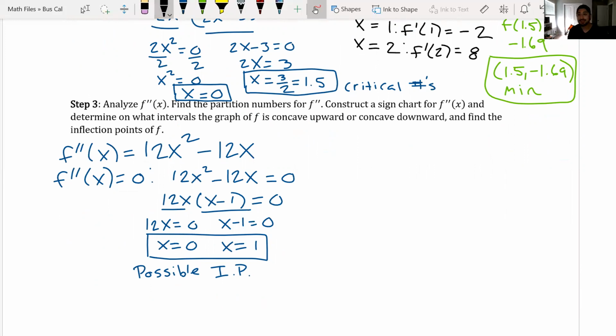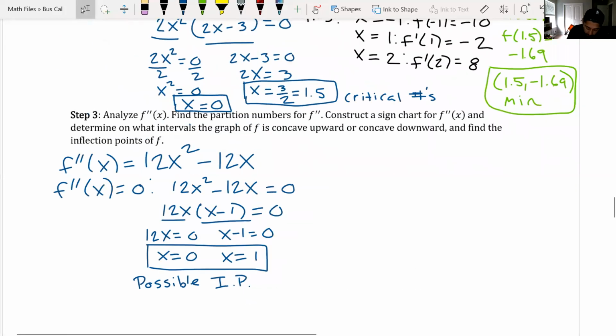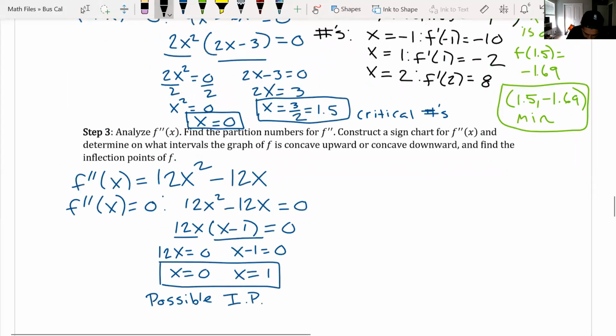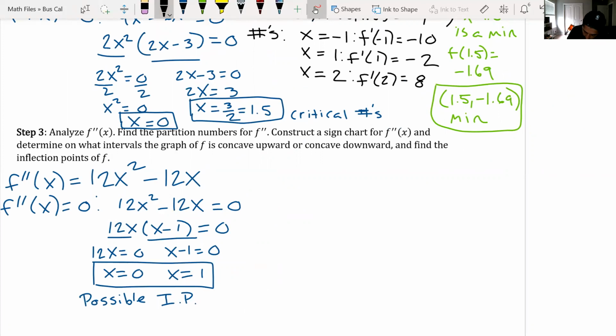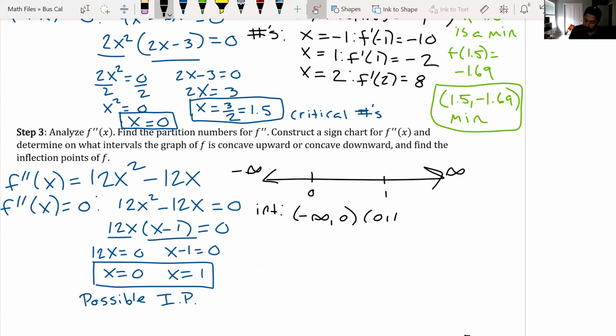Okay. Sign chart. Plot your inflection points, make your intervals, pick your test numbers.